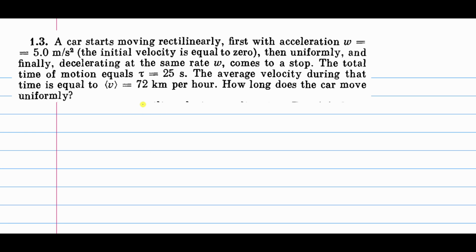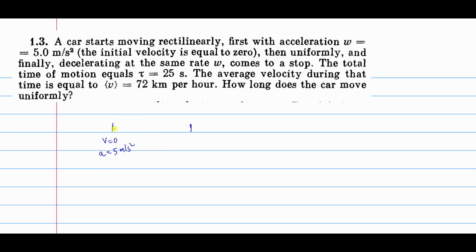Okay, let's find out. So first of all, let's picture this. Something starts here, moving rectilinearly in a straight line. From here it will reach till here with the initial velocity v equal to 0 and acceleration equal to 5 meter per second square.